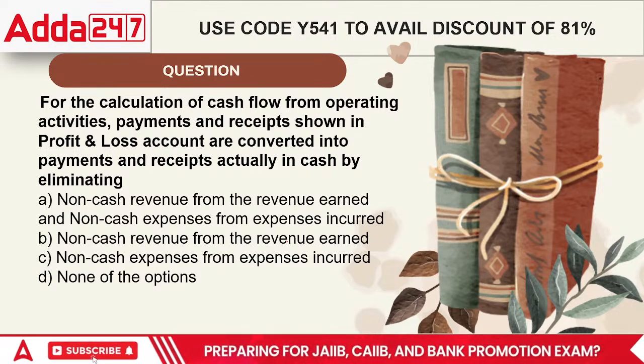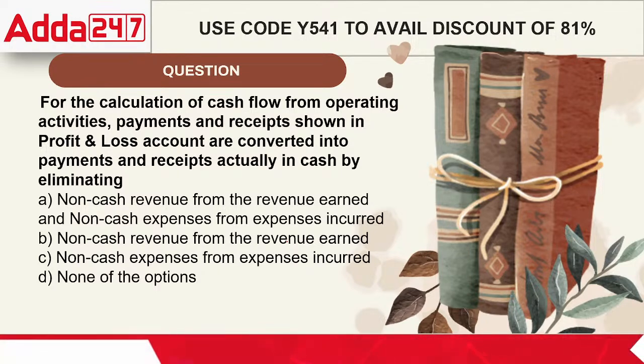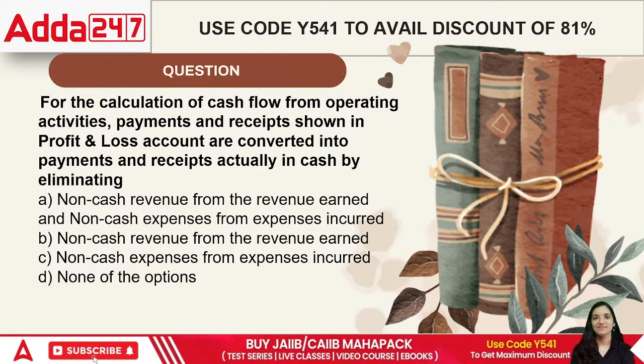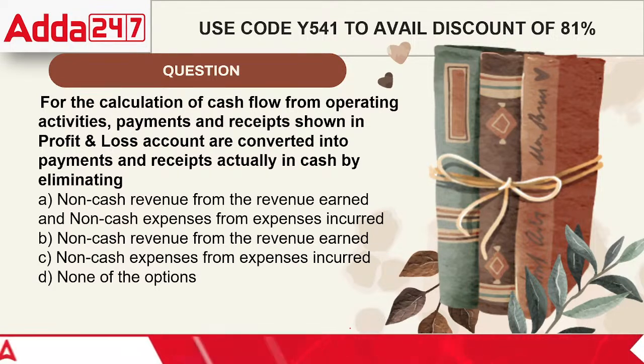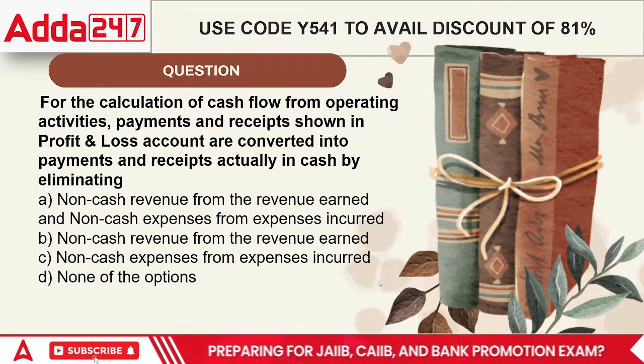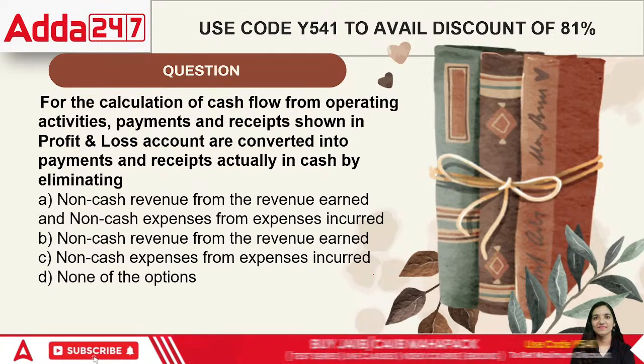When they ask about the payments and receipts shown in P&L that are converted into payments and receipts in the CFS, what do we eliminate in this case, everyone? We do not want any of the non-cash things, right? So we'll be removing the non-cash expenses.